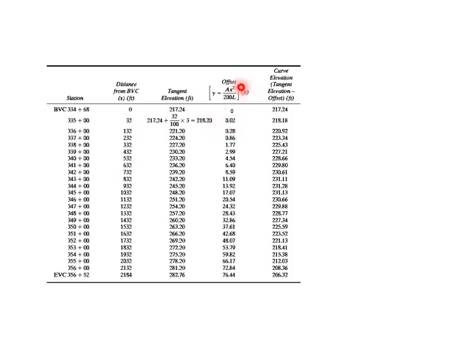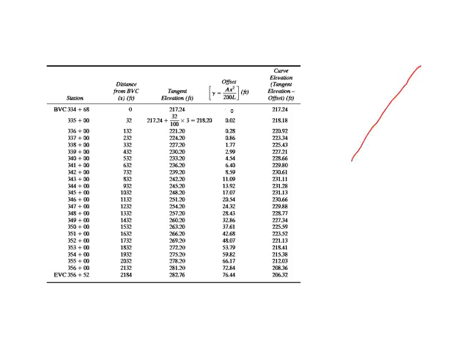Then the offset will be calculated from this equation. x is already calculated here. A is the absolute difference of gradient between G1 and G2, and L is the length of the curve we calculated in the previous slide, which was 2184. So you calculate the offset, and the curve elevation will be tangent elevation minus offset. Because it's a crest curve, the shape of the curve is like this.